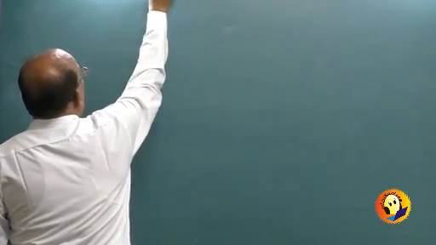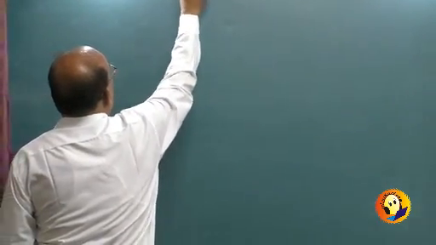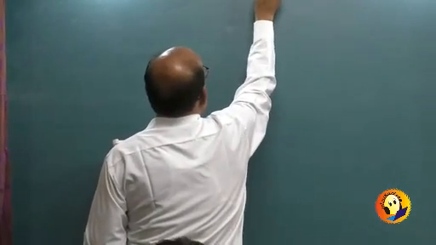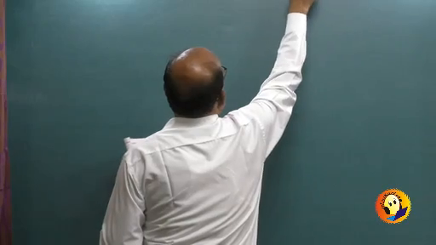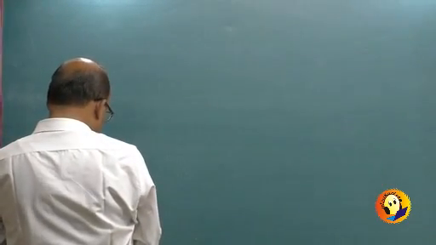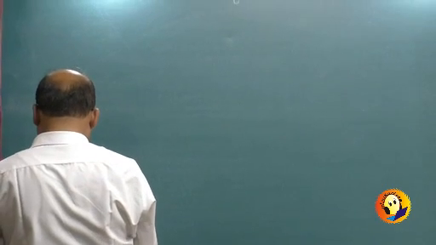Number 1, find rank by echelon form. Echelon form is just reducing the lower triangle to 0.